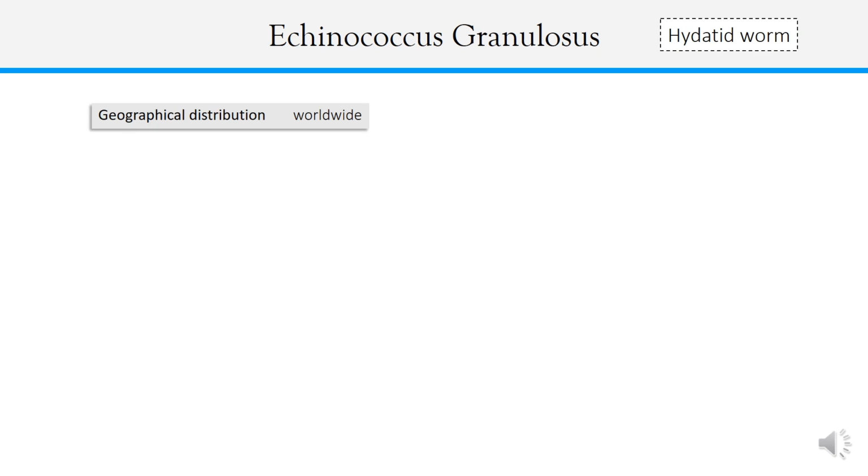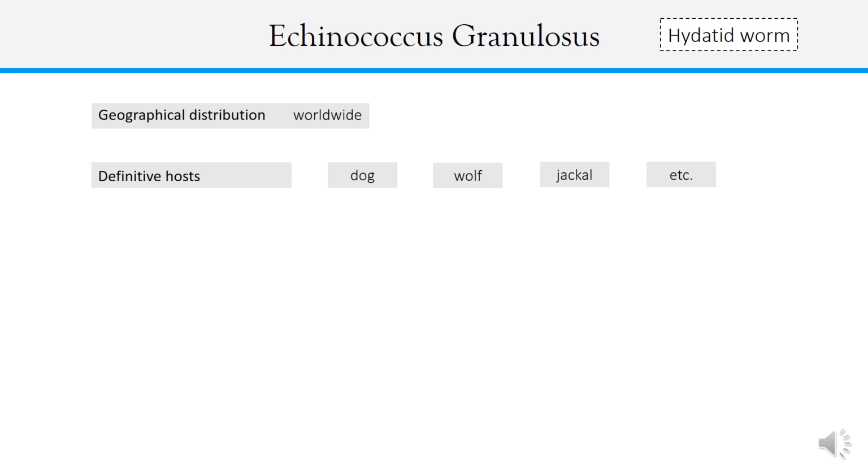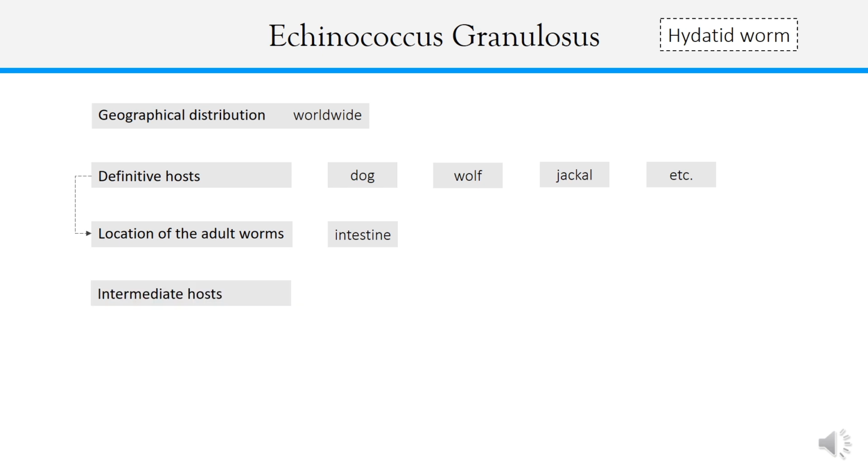Now let's speak about another parasite that is called Echinococcus granulosus. Echinococcus granulosus, or hydatid worm, has a worldwide geographical distribution. Definitive hosts are dogs, wolves, jackals, and other animals, and the location of the adult worm inside of the definitive host is the intestine. Intermediate hosts are humans, sheep, and some other animals.